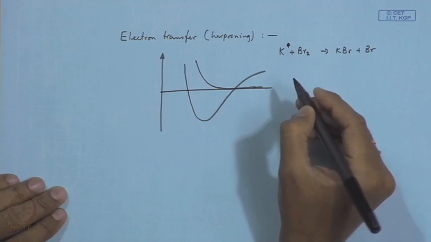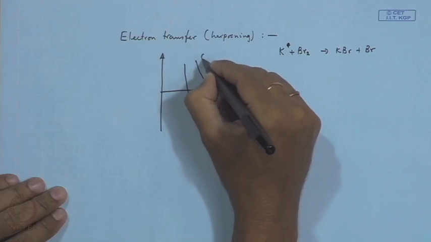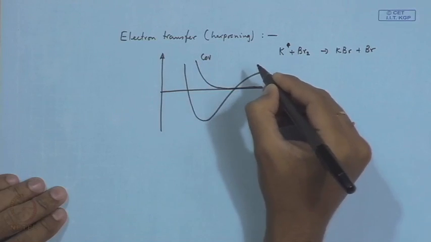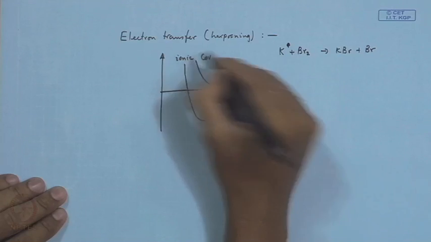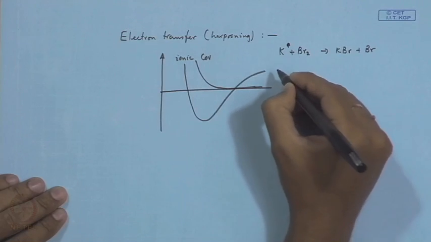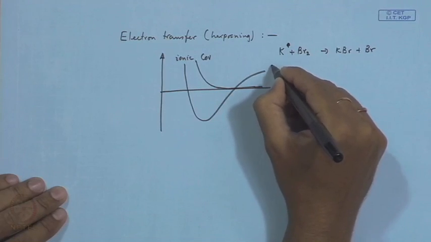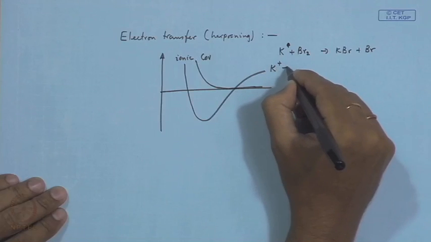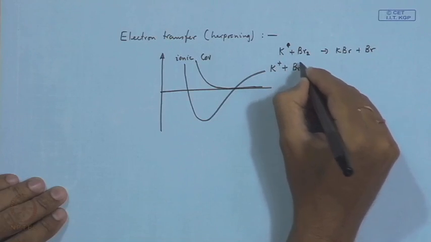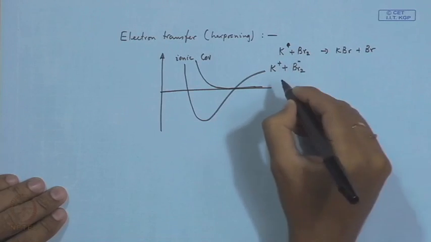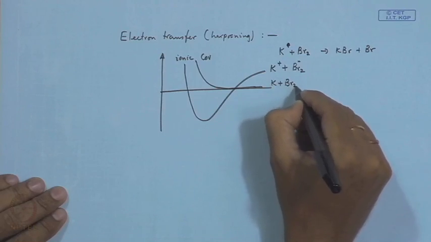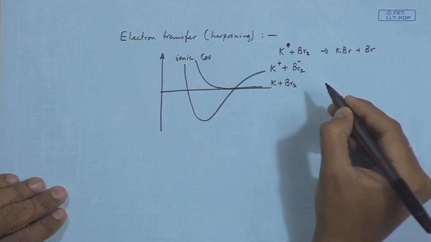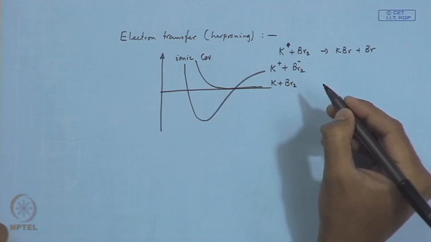So, this is your covalent surface and this is the ionic surface. Okay. Ionic surface means it is K plus Br2 minus. Covalent surface it is K plus Br2. So, what is this gap?